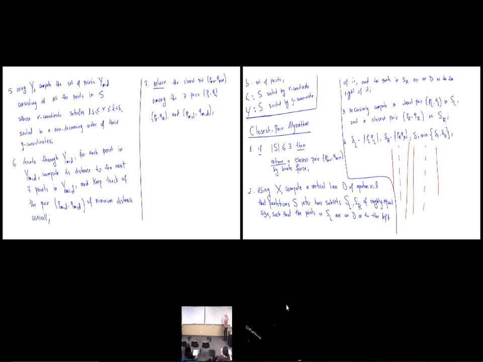So let's say this is your vertical line. There could be 3 points that live in here. At this point, you're no longer computing a vertical line that splits them.